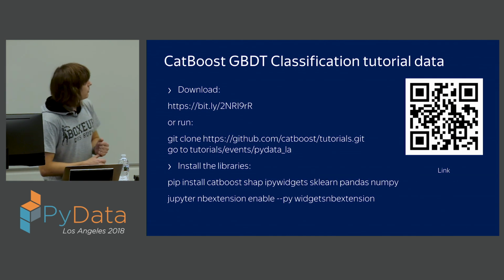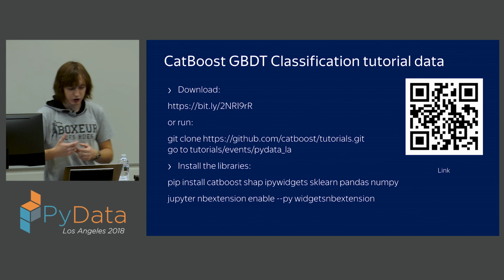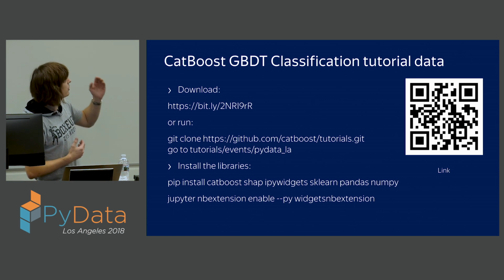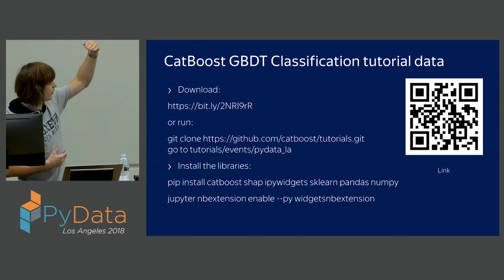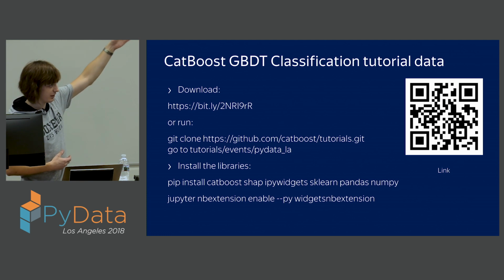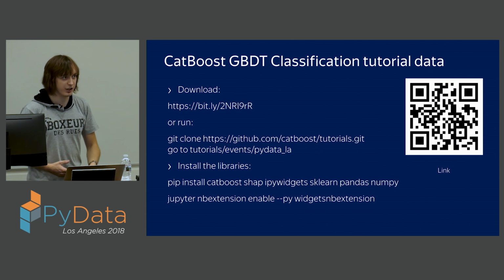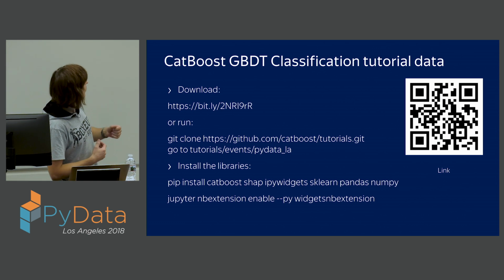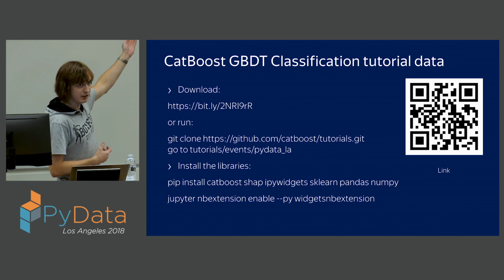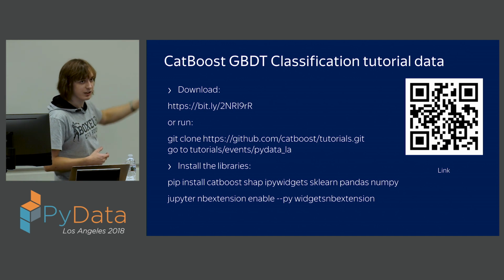So for the tutorial, you will need to download the IPython notebook. There is a QR code; you can just scan it and get the link. You will also need to install the dependencies that are here on the slide.